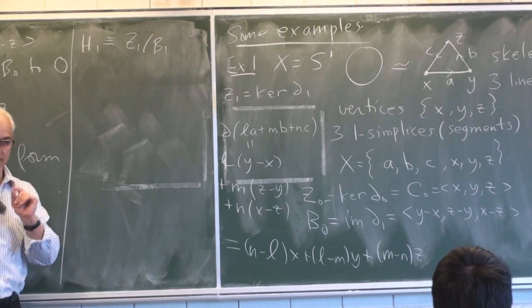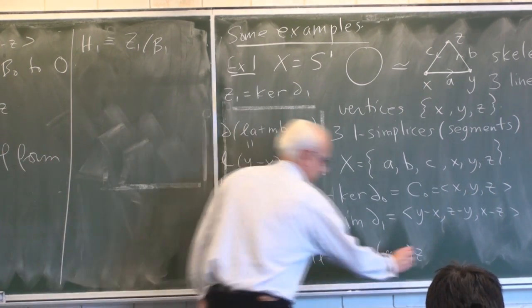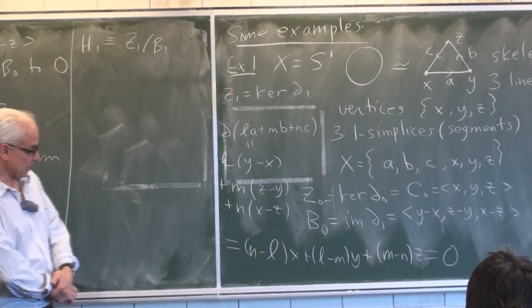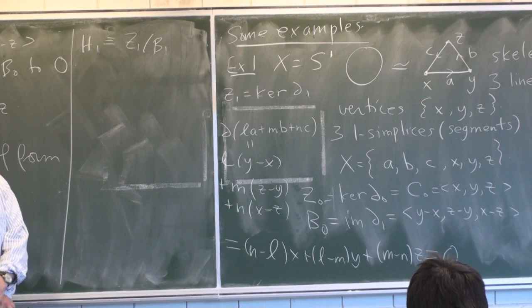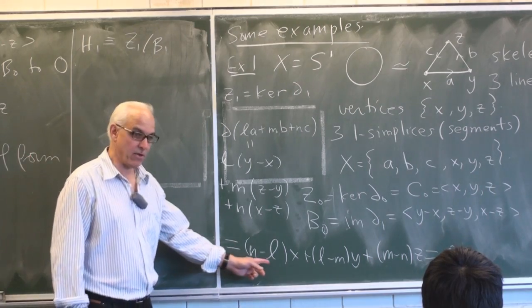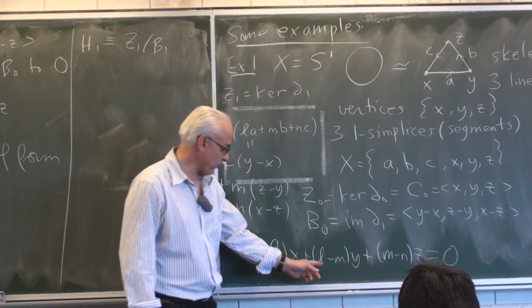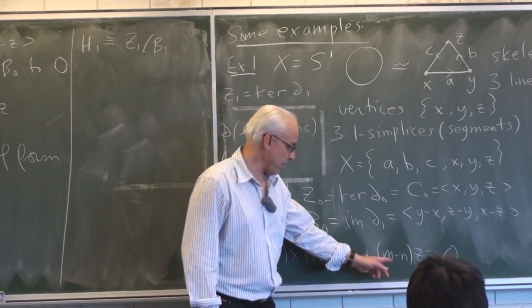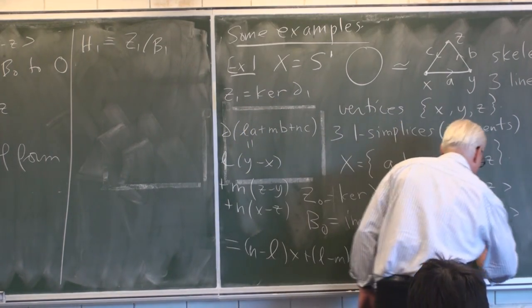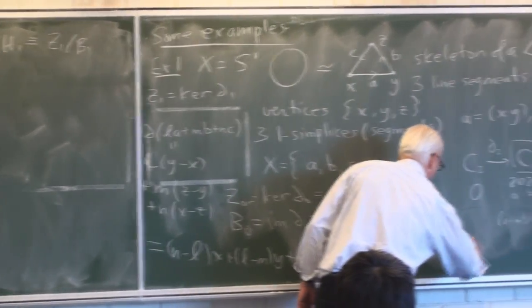Okay, and we're supposing that this is 0. So if it's 0, what are the possibilities for l, m, and n? Well, the only possibility is that n equals l, and also l has to equal m, and m has to equal n. So we conclude that l equals m equals n.